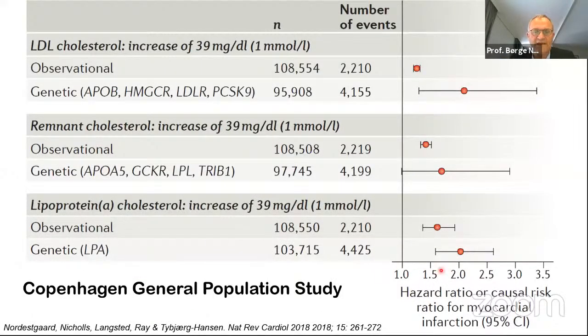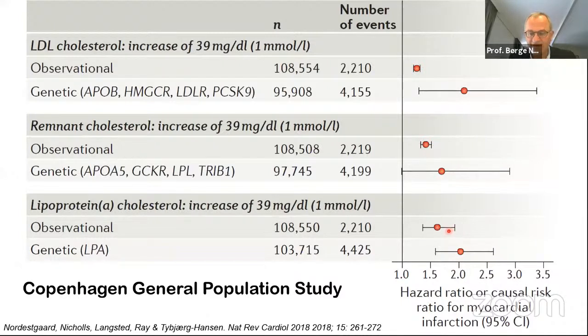Here, in this paper together with Kosray, published in Nature Reviews Cardiology in 2018, based on the Copenhagen General Population Study, we compared back to back, in the same individuals, an increase in LDL cholesterol of 1 millimole, 39 milligram per deciliter, with the same increase in remnant cholesterol, and with the same increase in Lp(a). As you can see from the observational evidence, the risk for myocardial infarction with LDL is like this, it's even higher for remnant cholesterol, and yet higher for Lp(a) cholesterol.